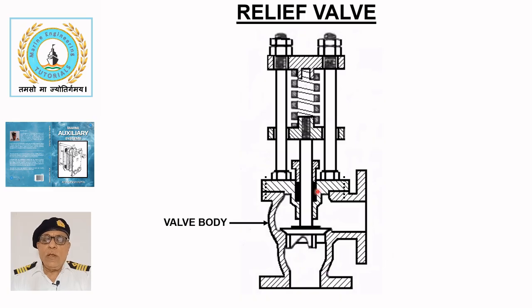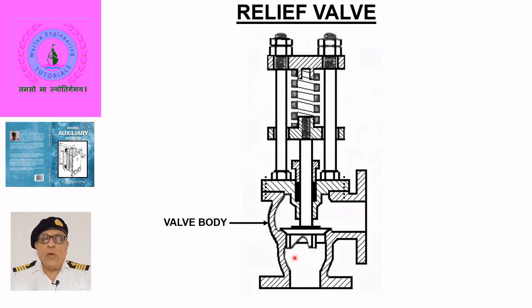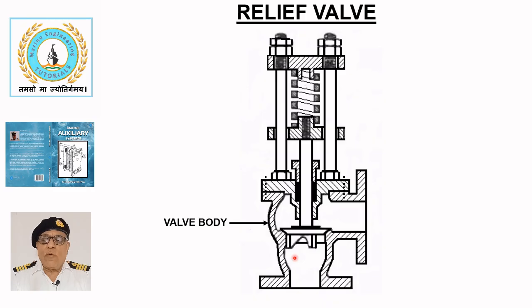The valve body, made of cast steel or gunmetal, is designed for angular discharge of fluid to relieve excessive pressure. The body usually has an integral seat formed during casting, which is finished by machining.